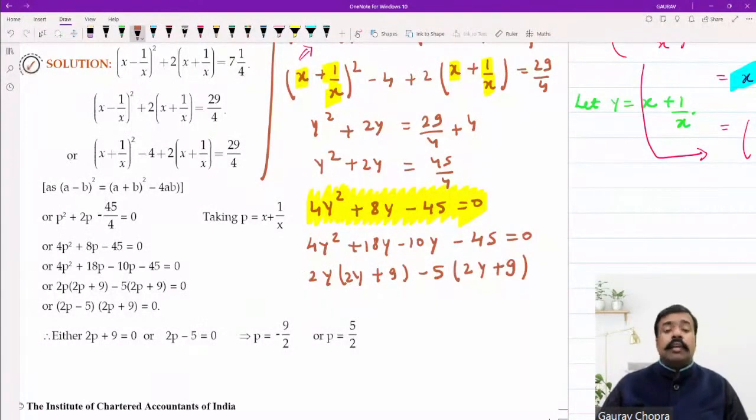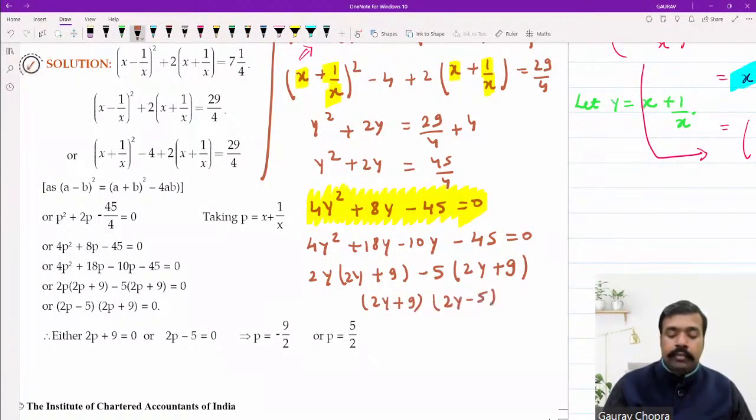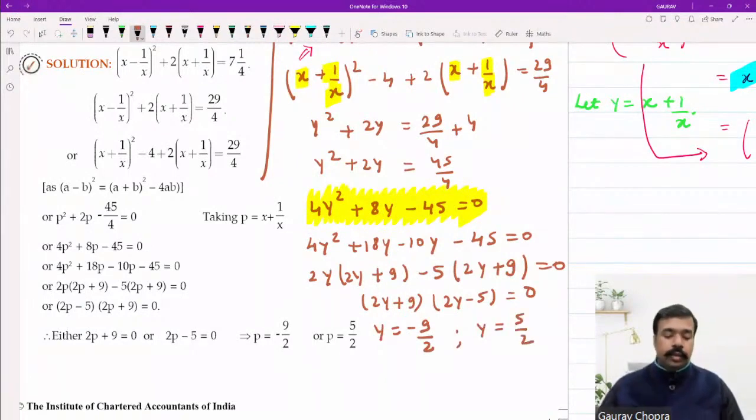So in this method we have done the splitting. So what is left? We are left with 2y plus 9 and 2y minus 5, which is equal to 0. Now we can equate them, and what will happen? y is equal to minus 9 by 2, and the other value will be y is equal to 5 by 2.